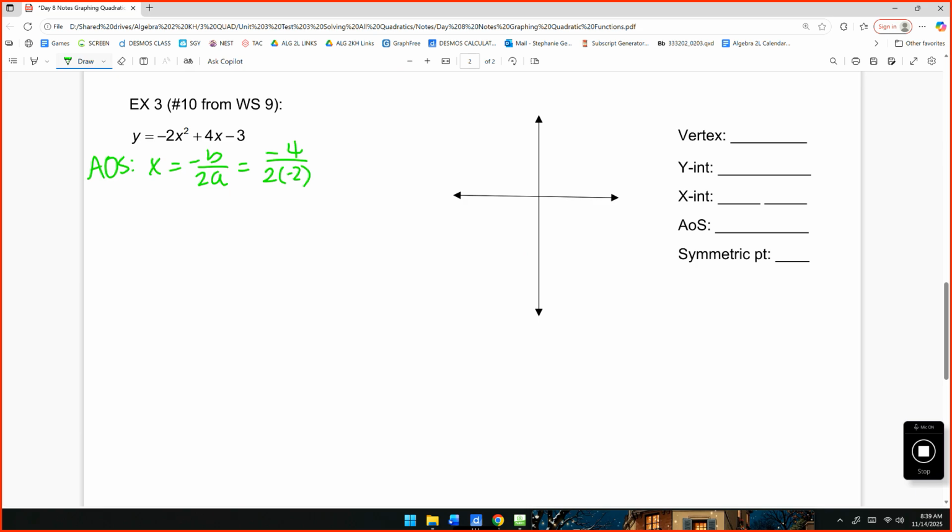So that'll be negative 4 over negative 4, which is 1. So our axis of symmetry is x equals 1. Okay, now I want my vertex, so I'm going to plug that number into the function. So I'm going to find f of 1.